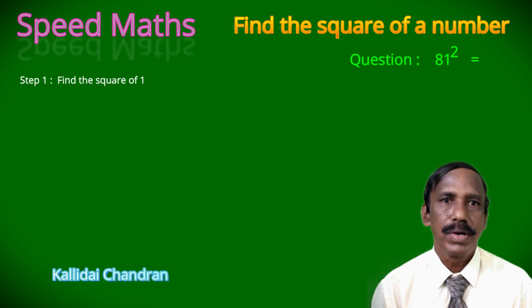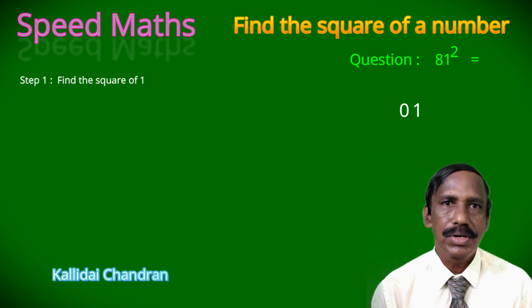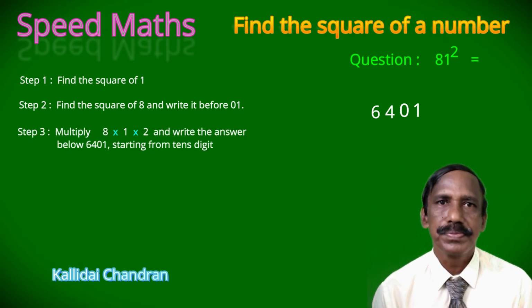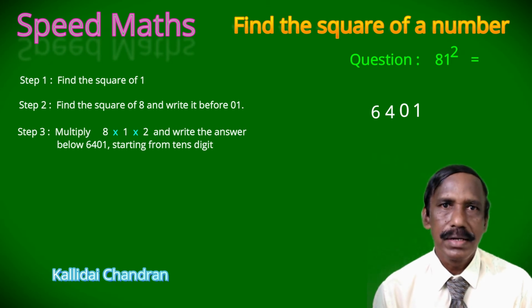Now we have to find the square of 81. Find the square of 1. So 1 into 1, 1. Since it is in the group of 1, 2 and 3, we have to add 0 before that 1. Then find the square of 8. 8 square is 64. Thus you have to write it as 6401. Now multiply 8 by 1 by 2. 8 into 1 is 8.